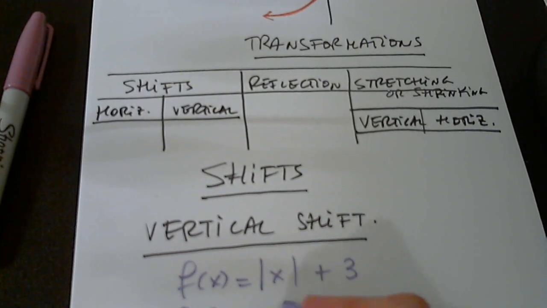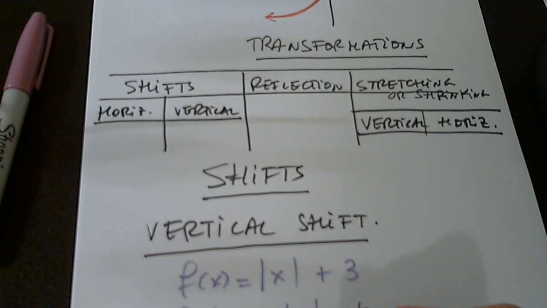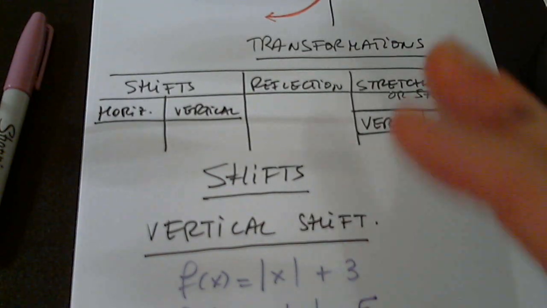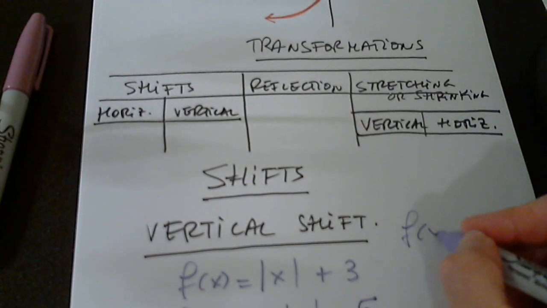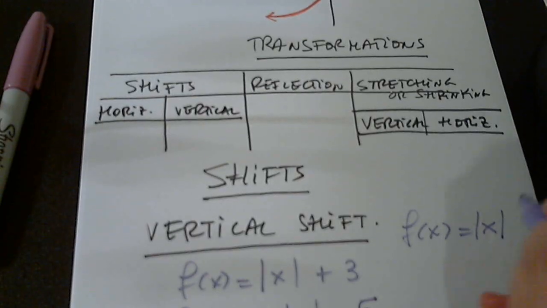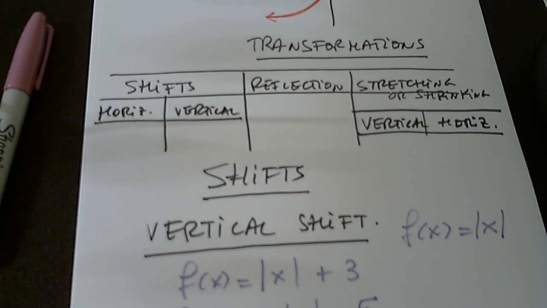G of x equals the absolute value of x minus 5. Notice that the base function is the absolute value of x. We can choose any other from those 6. I like the absolute value of x. It's like a v function.